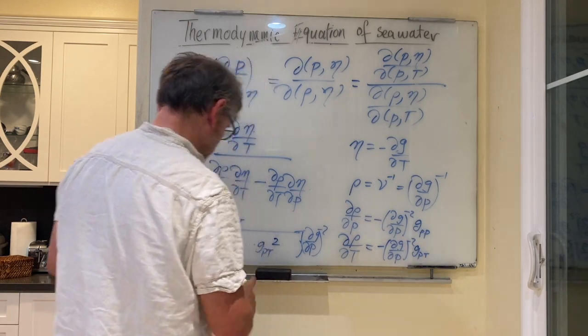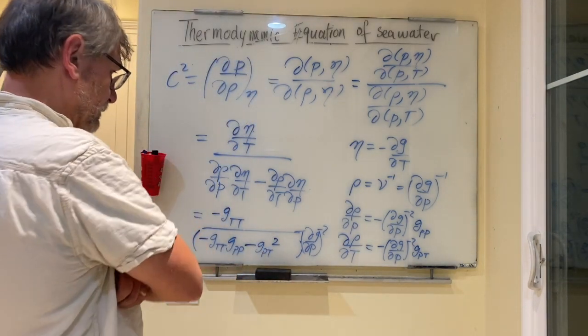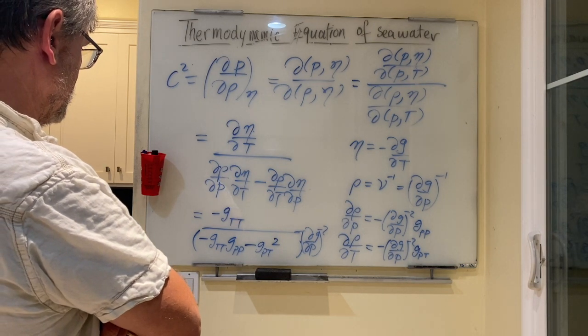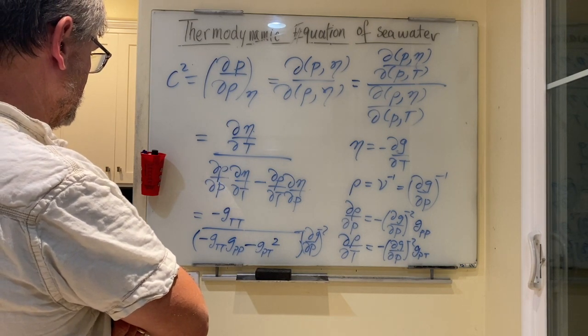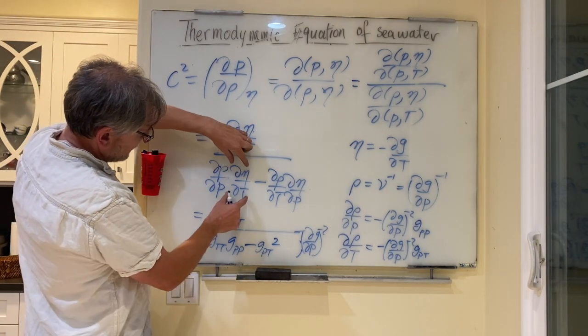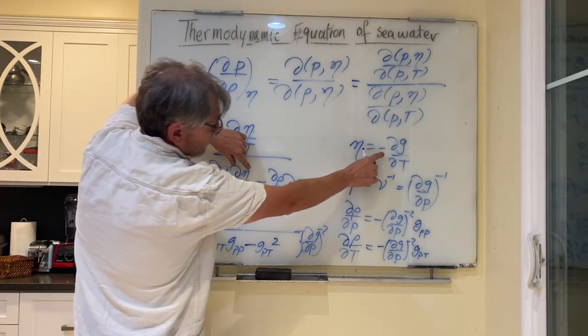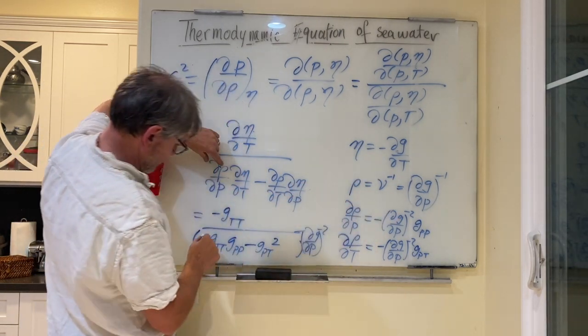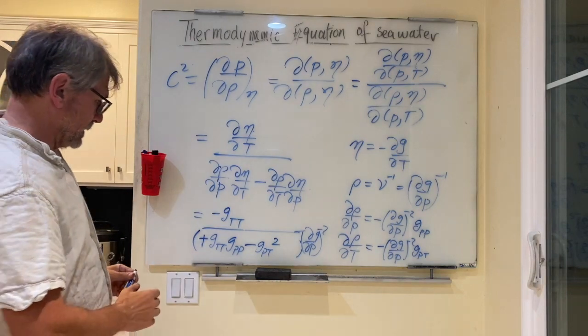Do I have too many minuses? Feels like I have too many minuses. Let's see. Oh, yeah, I have one extra over here, right? Because I get a minus sign from d eta dt by plugging in this one here. So that's one minus. Then from this one I get another minus, so this should have been a plus. All right.